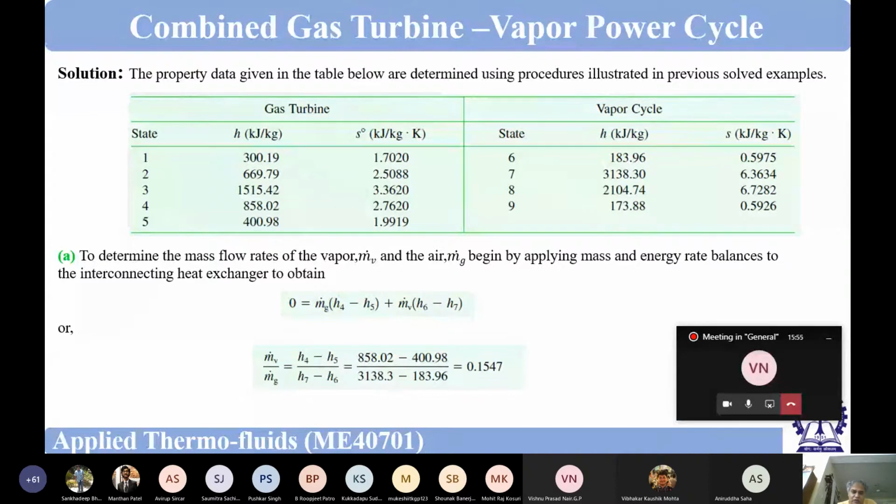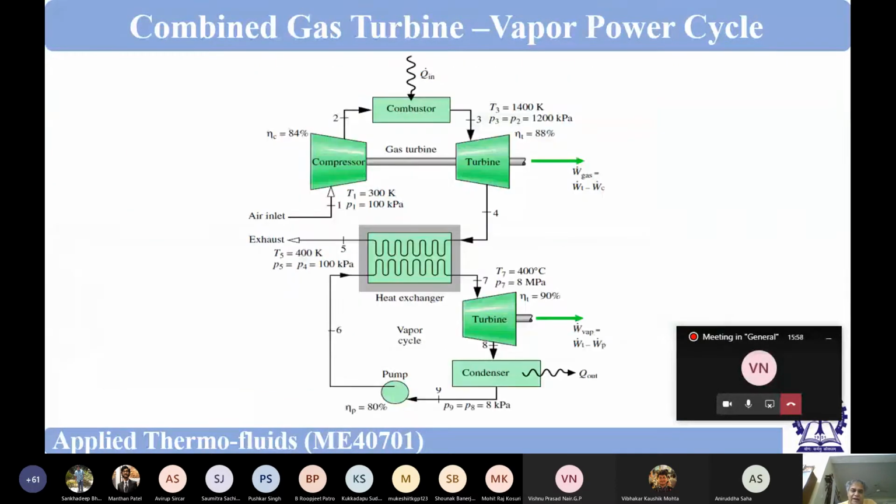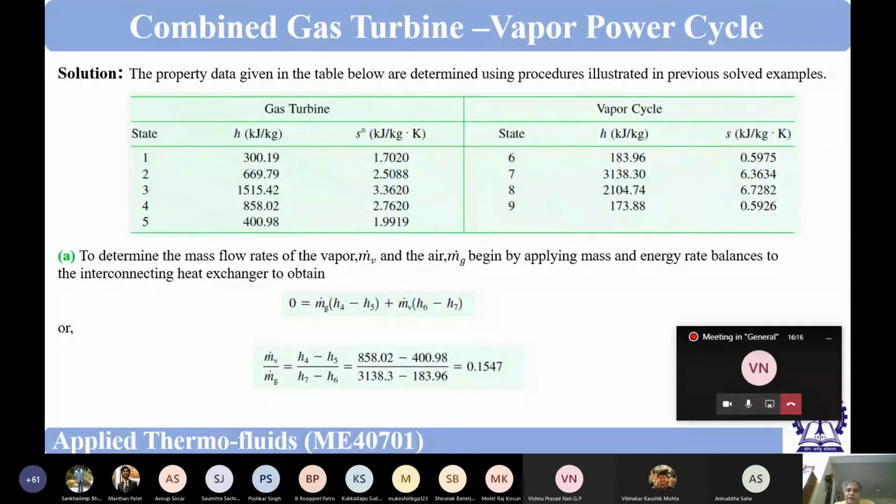In an ideal Rankine cycle there are 4 points. So 6 is before the heater, 7 after the heater, 8 after the turbine, and 9 after the condenser. Okay. So that is all right. Here also from the steam table, we can get the enthalpy values and entropy values.